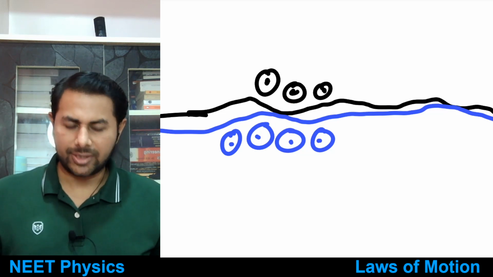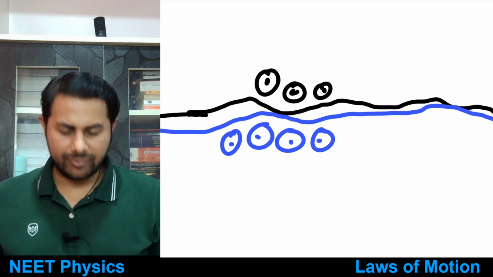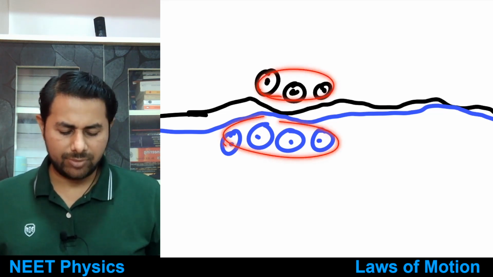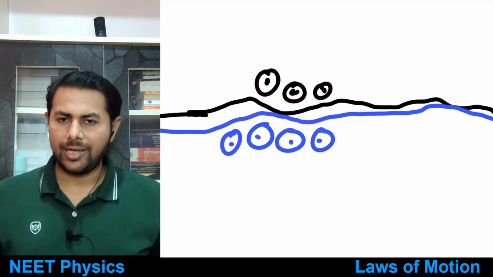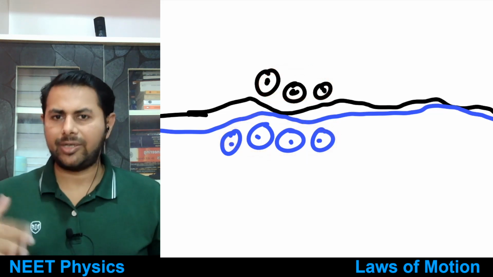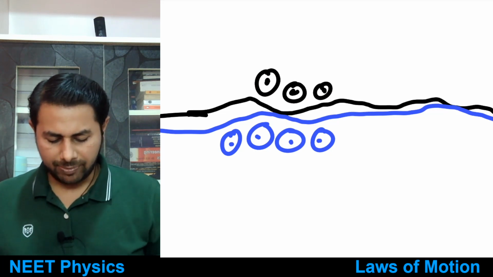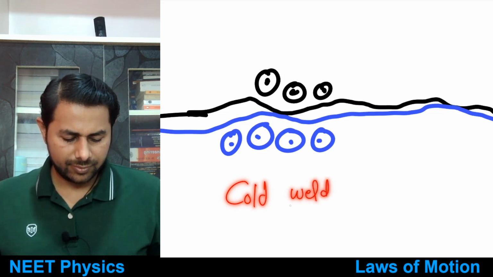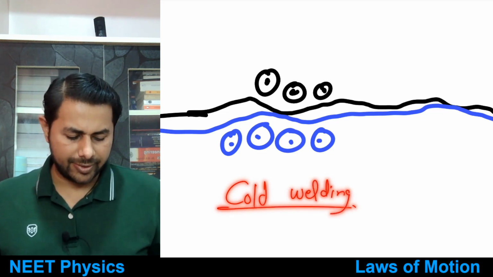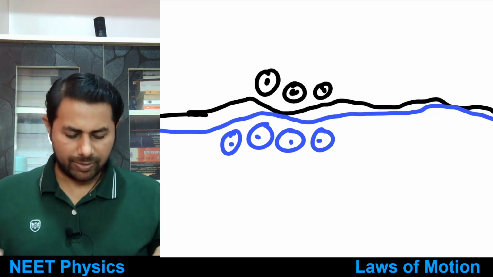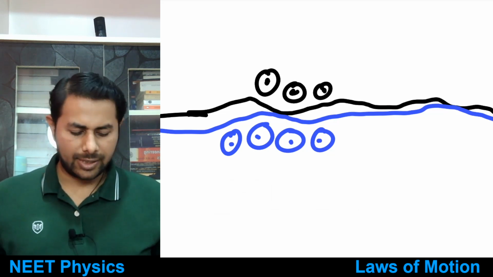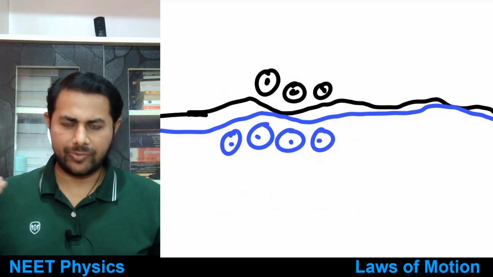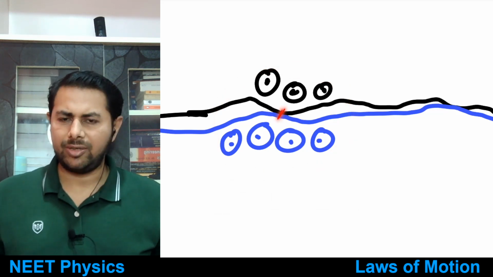Now if you want to slide one surface over another surface, that means you need to separate these molecules from these molecules, and you need to break those temporary bonds. Those temporary bonds are called cold weld, or cold welding. And to break them you will need a force. So that frictional force comes from these temporary bonds.